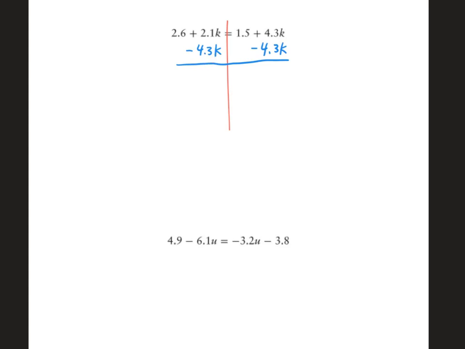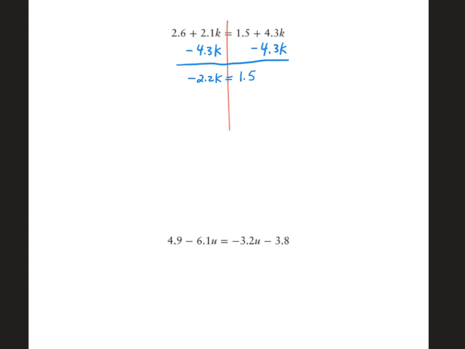Now, using our integer rules, we're simply going to take 2.1 and subtract 4.3 from it. So we're going to have negative 2.2k. And on this side, we're going to have 1.5.